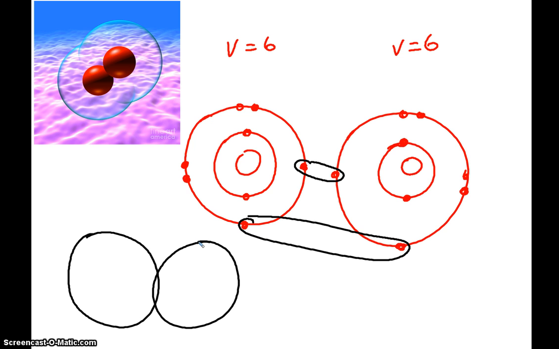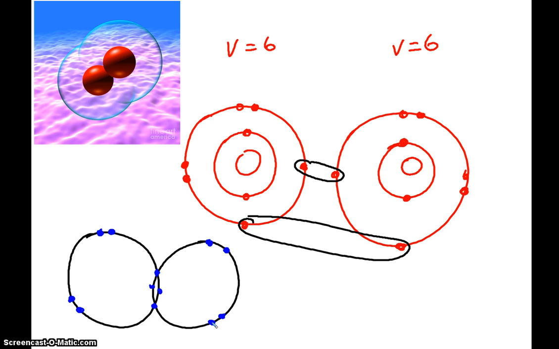So we will actually have 4 of the electrons being shared between the oxygens, and then we've got the additional paired electrons.